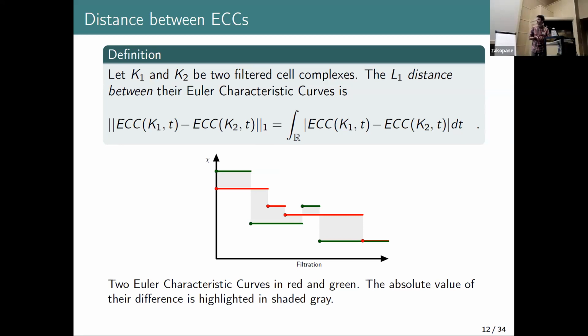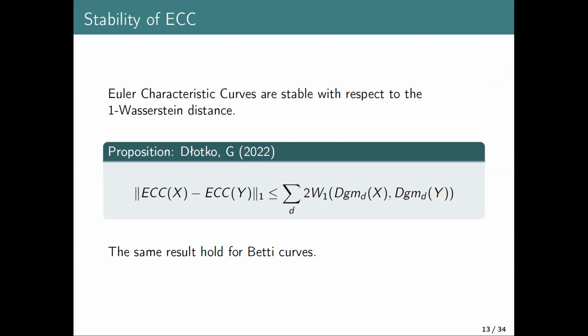And for a long time in the community, there were claims that this thing is not stable. You modify your complex a little bit and this thing blows up, so you don't have any stability. But actually, if you go into the literature a bit and pay close attention to some details, you can arrive at a stability result.